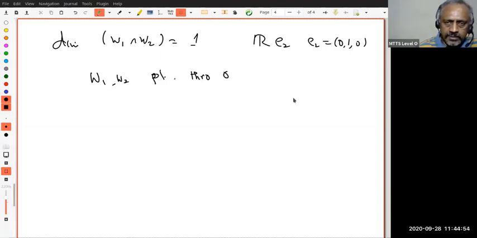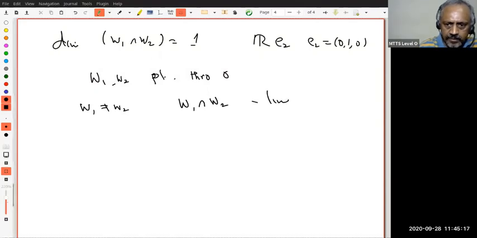If they are not coincident, then their intersection is a line passing through origin. Can you imagine that? Therefore, if W1 is not equal to W2, then W1 intersection W2 is a line through origin.